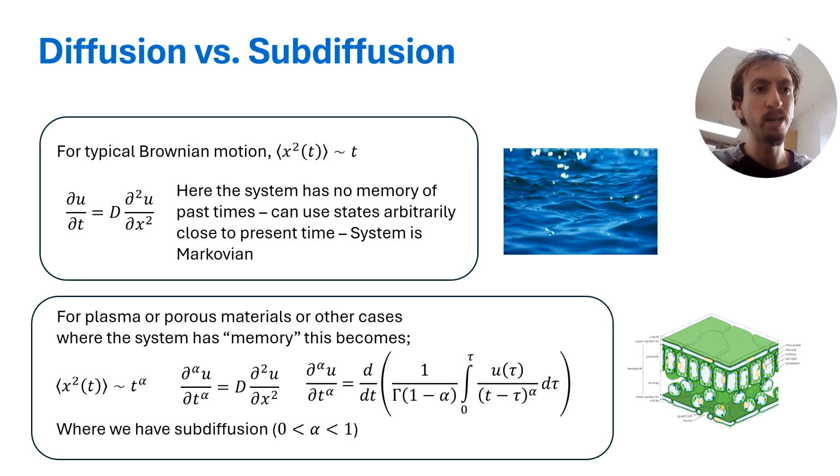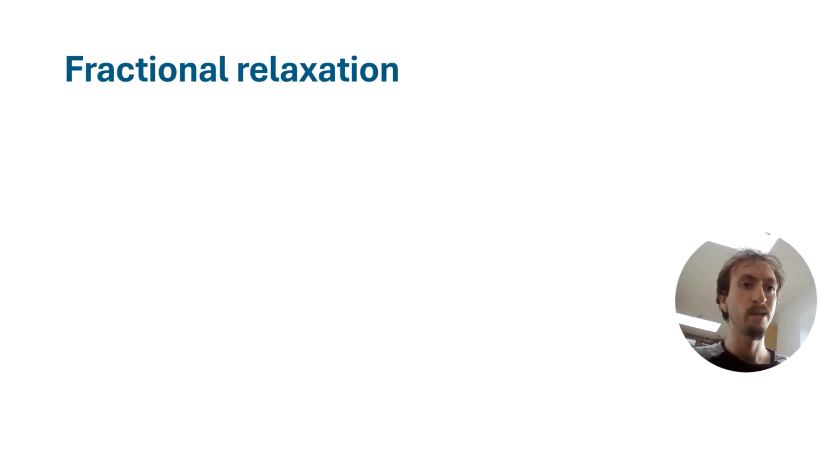Now we've looked at one application, but to finish up, I would love to talk about a particular type of relaxation, which has many applications in physics, including helping humans have good relaxation.